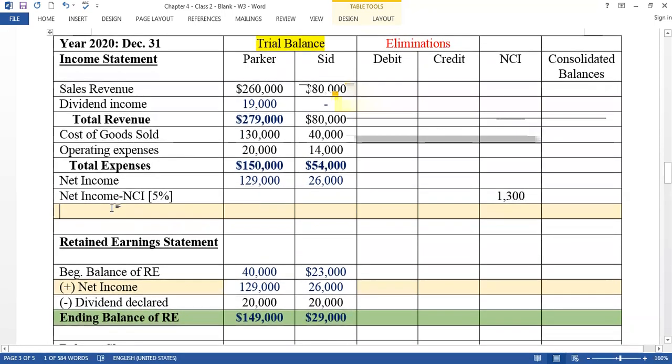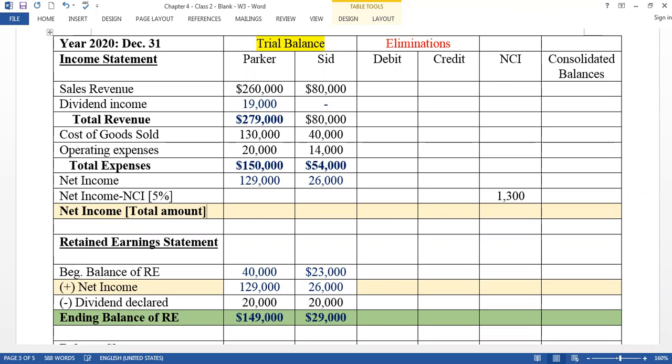And this is also net income, but the total column, net income for the total amount.